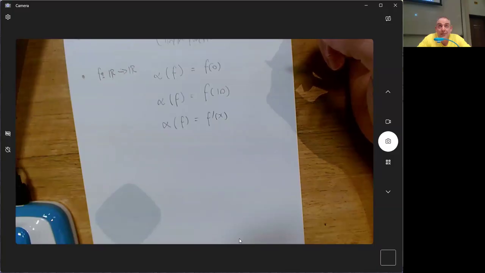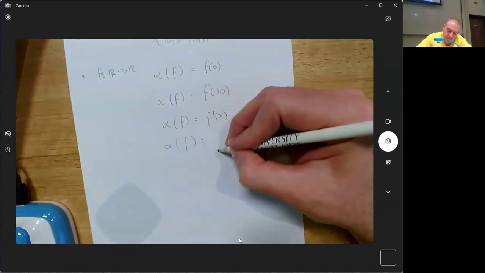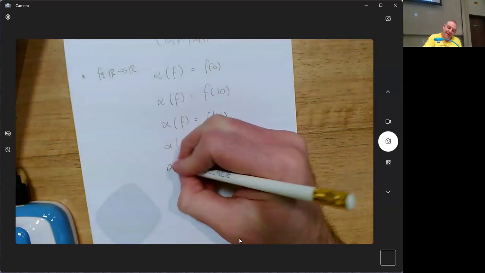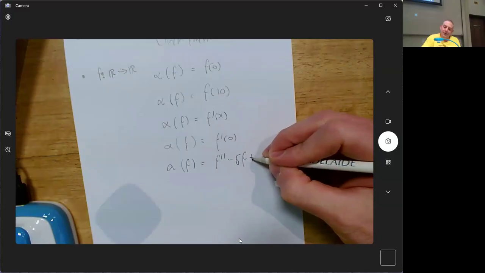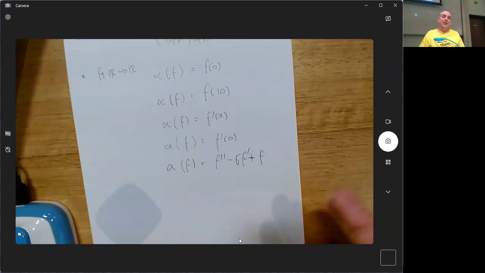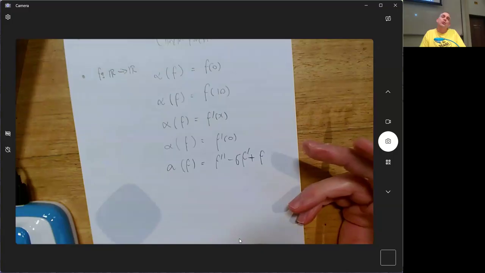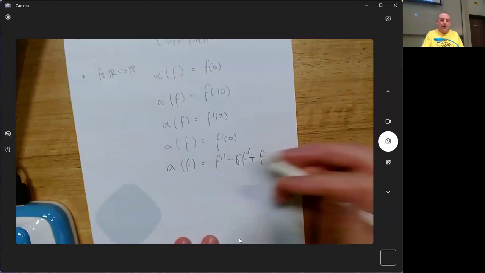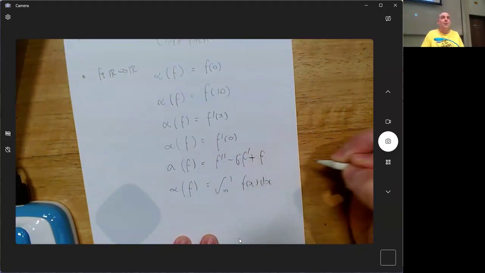The thing that does the derivative and subs something in is a linear functional. Alpha of f being f double dash minus 6f dash plus f, that's a linear functional. Basically there are all these linear functionals you can make that you're used to. The actions that you do to functions that are linear, they're linear functionals. There's also the integral from 0 to 1 of f of x dx, for example. That's a linear functional.